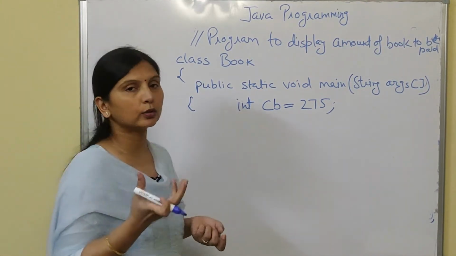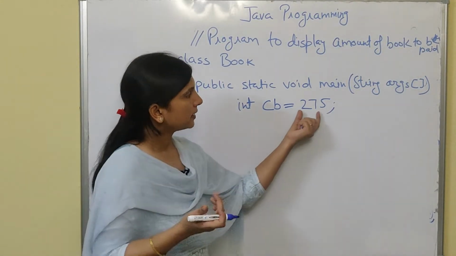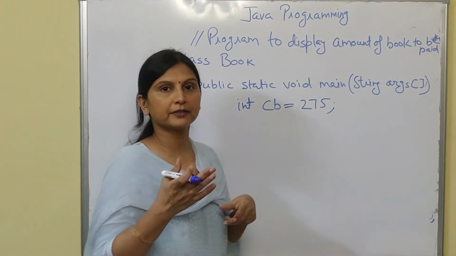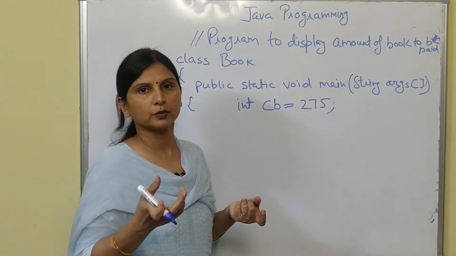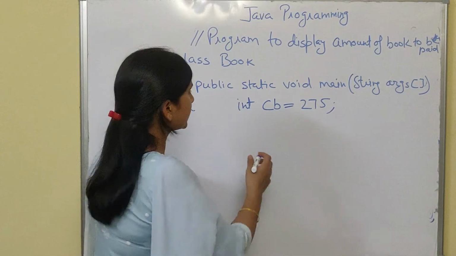So how will you calculate the discounted price? Fine. See, if any number is there and you multiply 15 and divide by 100, so whatever the value will come, you want the exact value. Okay, first I will show you.